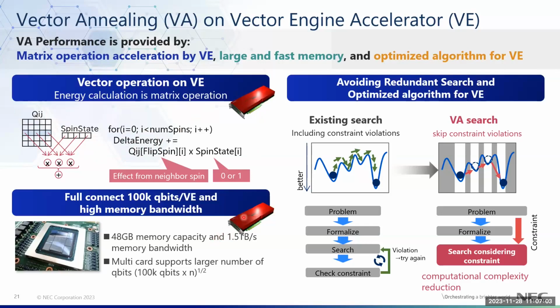Then the other thing that is provided by this hardware, as you see here on the left, in the center is the vector processor. This vector processor has very large vector pipelines where each vector register is able to store 256 double precision elements, and there are 64 such registers on this card.